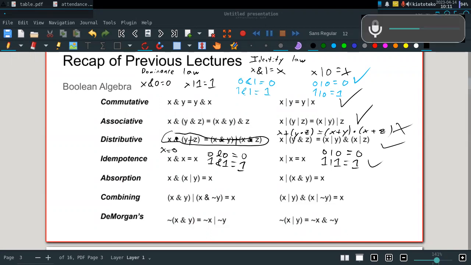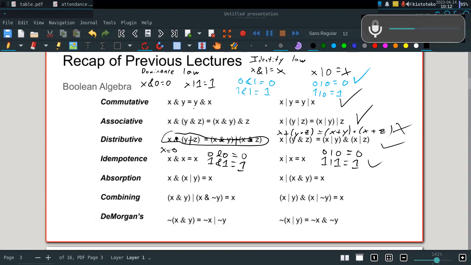And again, it's something similar to what we have here. 0 and 0 is 0, 1 and 0 is 0, 0 or 1 is 1, and 1 and 1 is 1. So whenever you have a 0 with an AND, the 0 will prevail and it results in a 0. When you have a 1 in an OR, the 1 will prevail.